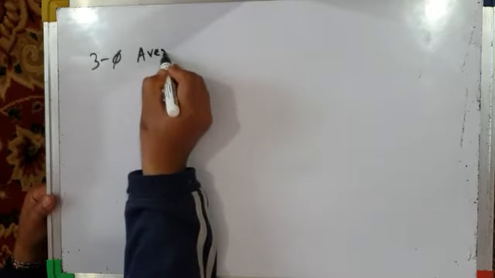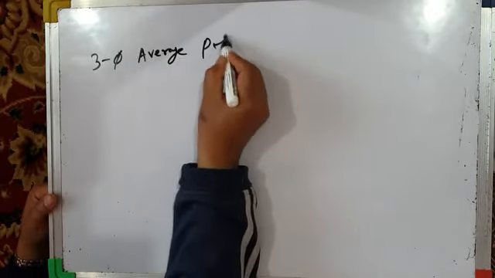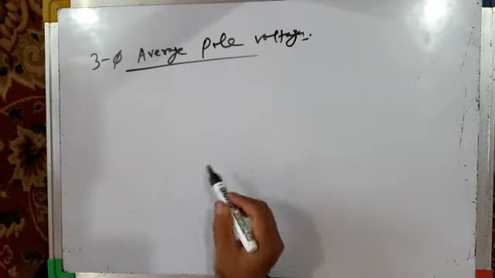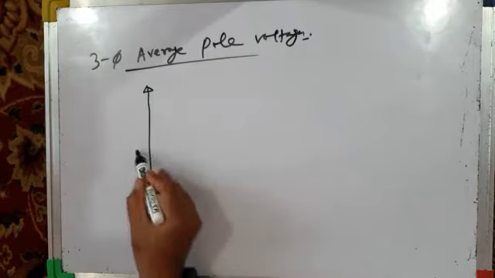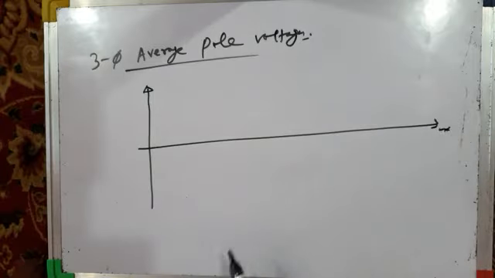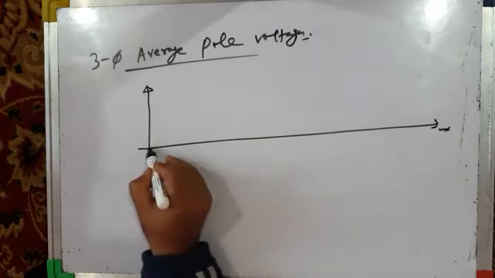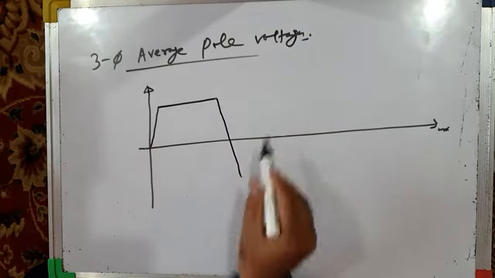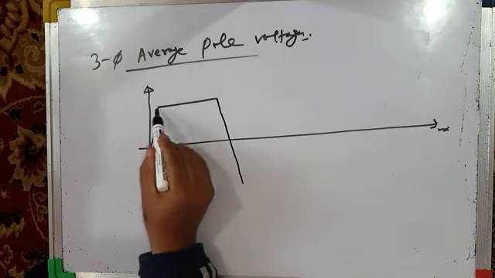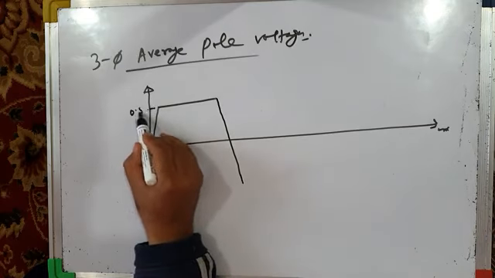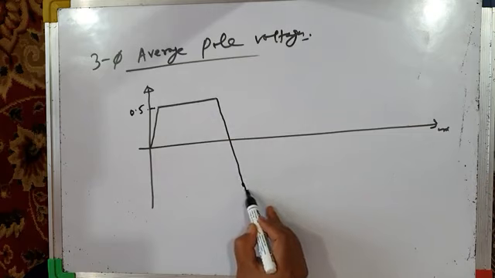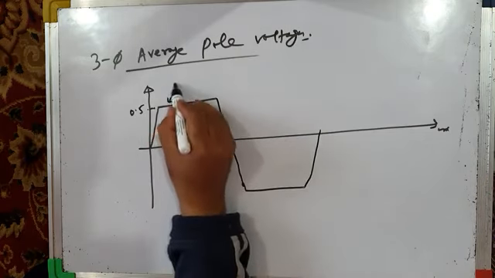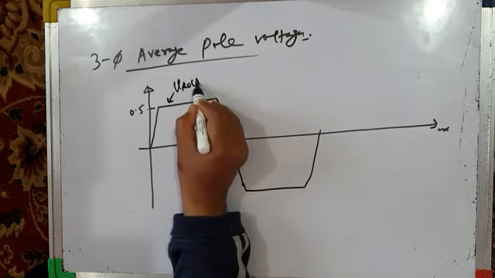Let us quickly draw three-phase average pole voltages. So these will be something like this. R phase, for a very large period, pulse dropping is there, and R phase is clamped to positive DC bus, 0.5. This is VRO average pole voltage.